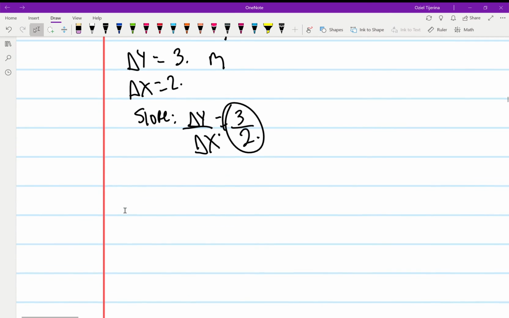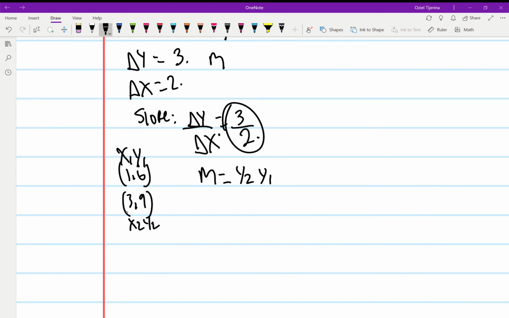Another way you could do this is by saying, well, the way that I would think about it is if you go from smallest to highest in your x terms, this would be x1, so therefore this would be y1 because it's the smallest x. So it would be x1, and then this would be x2, and this would be y2. Now, m, the actual equation, would be y2 minus y1 over x2 minus x1.